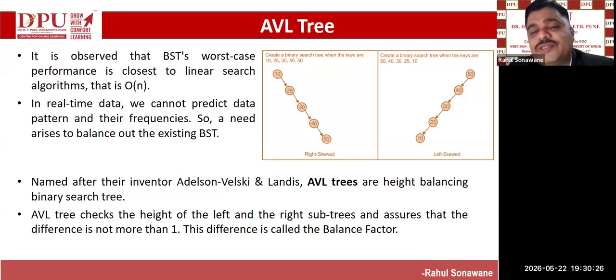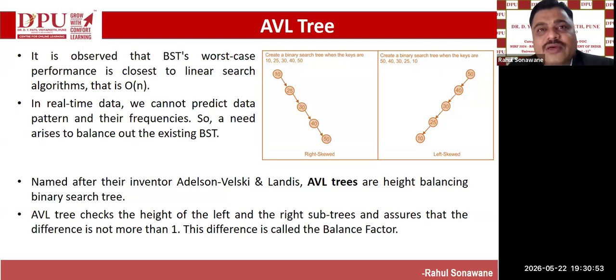And in the opposite version, suppose the data given to you is in descending order, like 50, 40, 30, 25, and then 10. In this case, when you construct the BST, 50 will be the root.